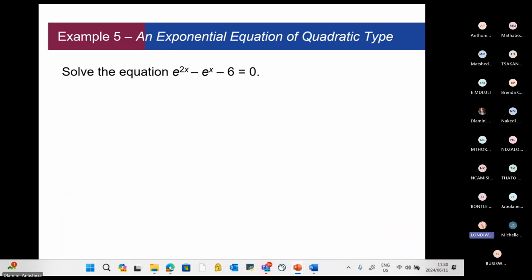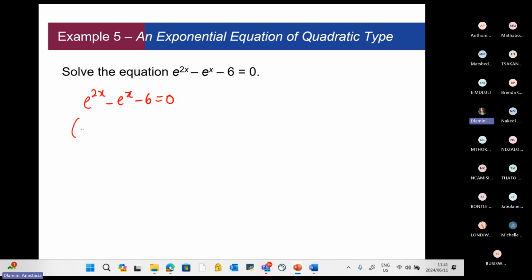We introduce the k method, ma'am, as I've said. We are going to have open bracket e to the exponent of x close bracket to the exponent of 2, since by the laws of exponents we dissolve e to the exponent of 2x. So you are saying that I have e to the power of 2x minus e to the power of x minus 6 equals 0.